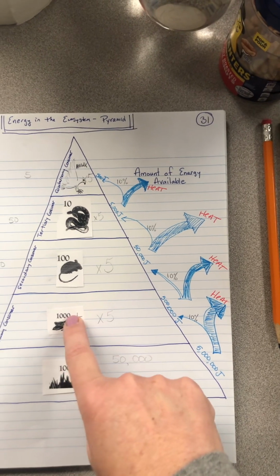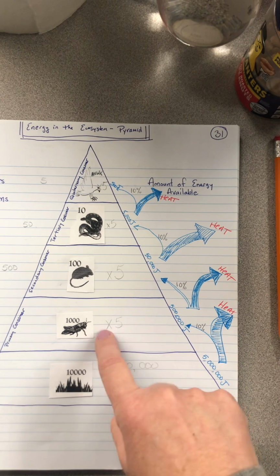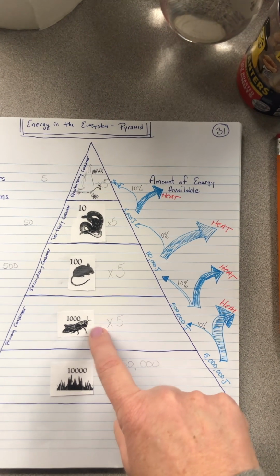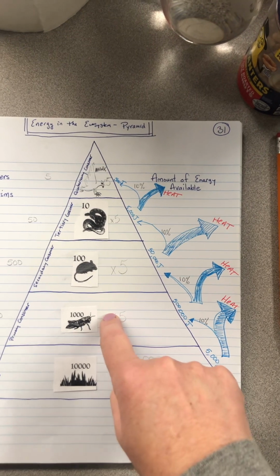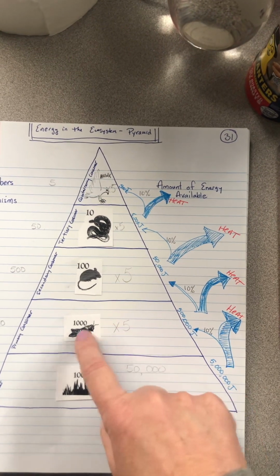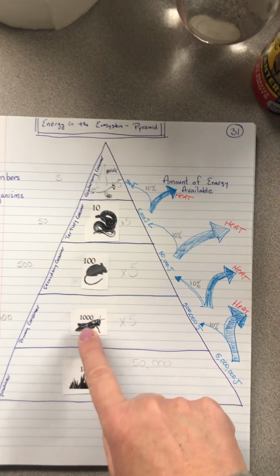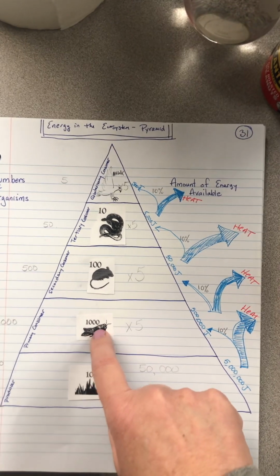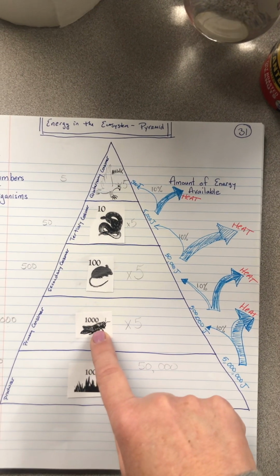So if it's not in their bodies, if they've released it or they spent it chewing or hopping around or doing all the things that grasshoppers do, that means that when the layer above eats them, they won't have access to that. So the only thing that they're keeping is what's locked away in their biomass. So in cell growth, in cell structures, and stored in their lipids and carbohydrates.